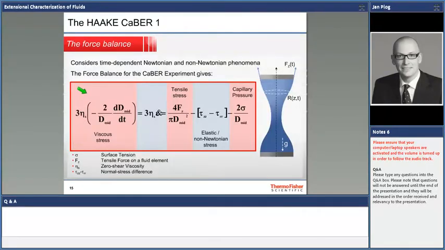I don't want to use too many words here on the force balance we have to consider for the CaBER experiment. For those of you that are interested in that, let us know afterwards. I can distribute some specific literature on that, but I don't want to go too deep into the math today. So just that you know, as I said, you have the capillary pressure that drives the experiment, and then this capillary pressure is balanced by the viscous stress of the matrix fluid, as well as the elastic non-Newtonian stress.